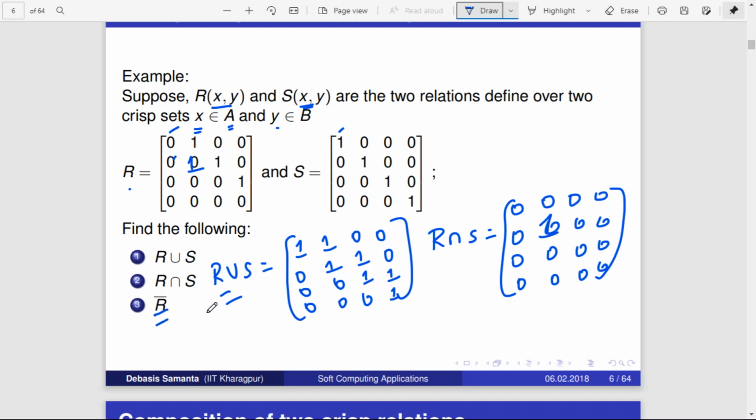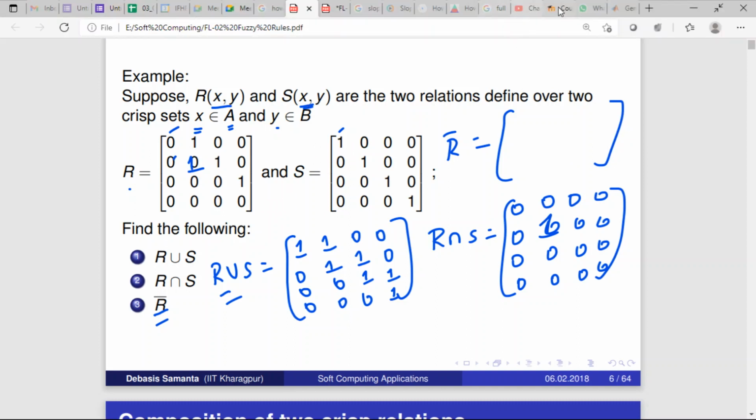Similarly R bar is nothing but the complement of R. It is 1 minus R. So R bar is nothing but you just make all zeros to 1 and all ones to zeros, or you can just subtract 1 minus 0, 1 minus 1, whatever the value there.